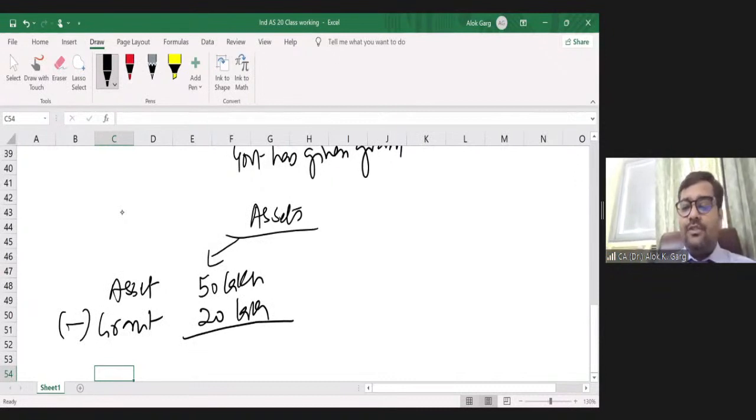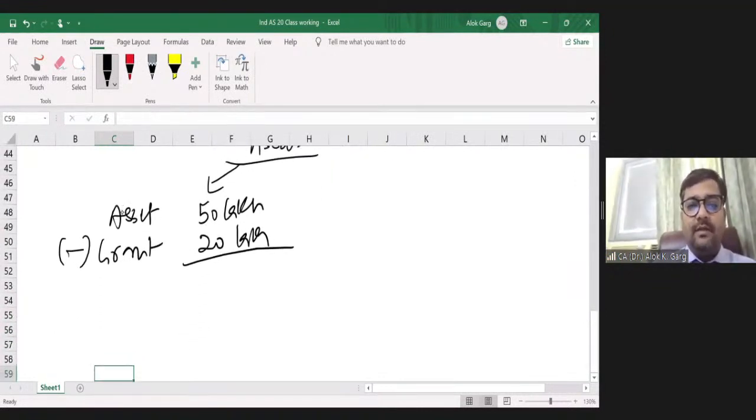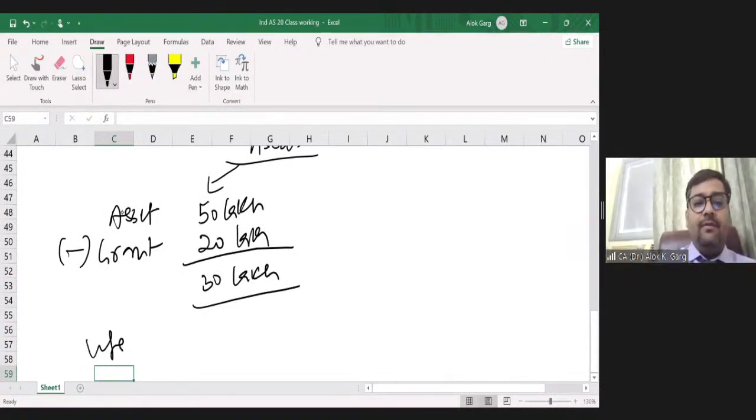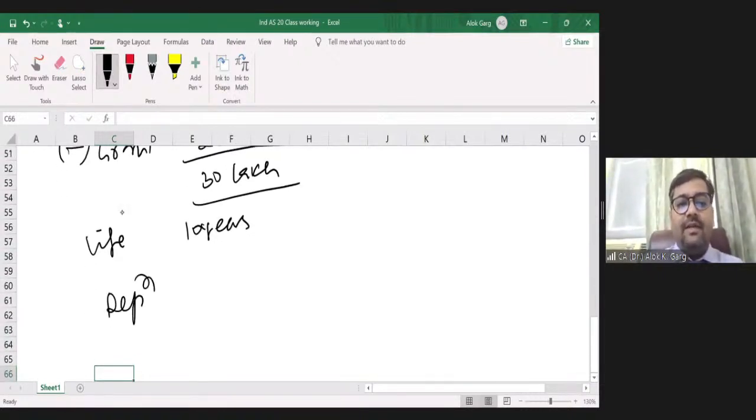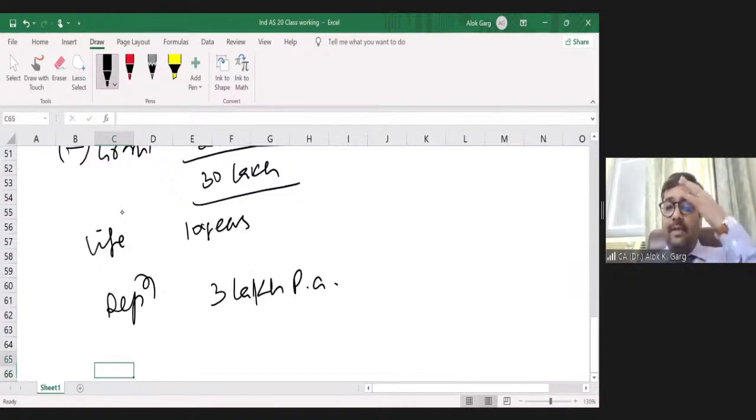What is the net cost of the asset? 30 lakh. What is the life? 10 years. Then what is the depreciation every year, Shraddha? Depreciation is 3 lakh per annum in the P&L. Am I right?